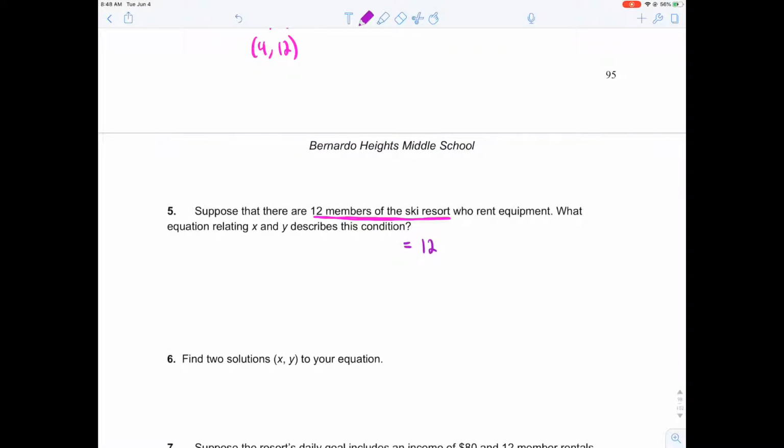Because 12 total rentals. Now I know that I'm going to have some sort of mathematical operation between x and y on the left side, and we've been combining these things. So I think we're just going to follow suit, and this is my equation. So the number of ski rentals plus the number of snowboard rentals should equal 12.